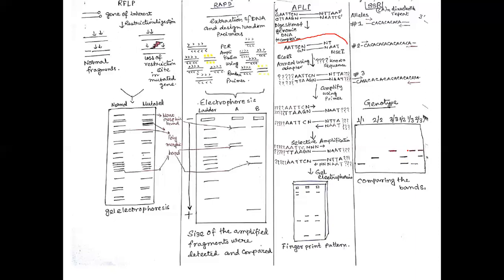Now if you do this SSR, you can see which allele is present in normal and which allele is present in the diseased individual, and thus it will be easier for you. For example, many diseases can occur due to a change in the allele pattern, so those can be identified using simple sequence repeats.